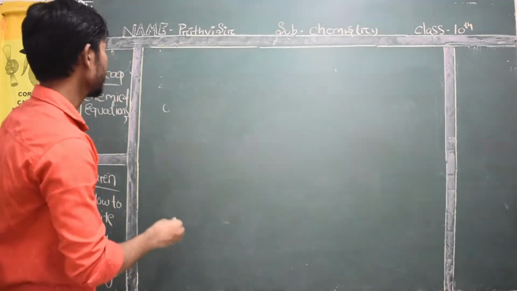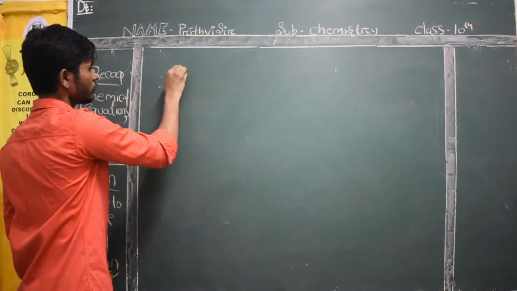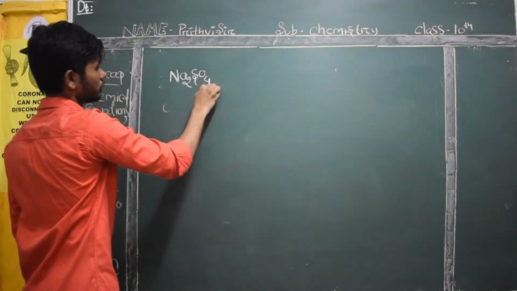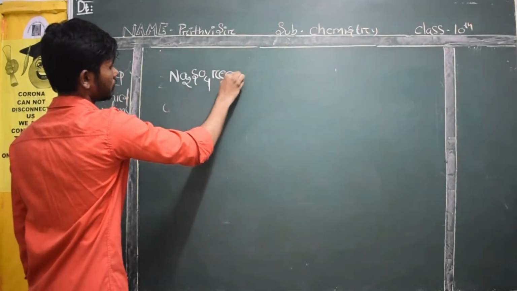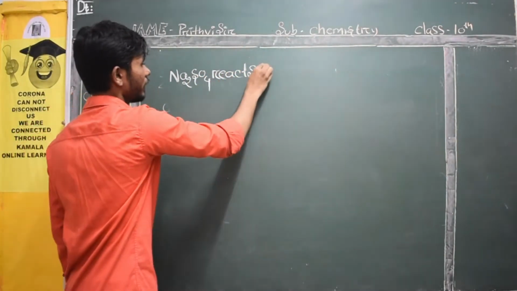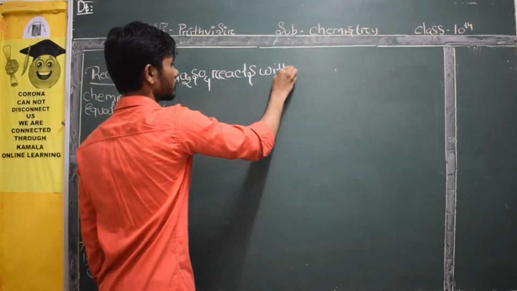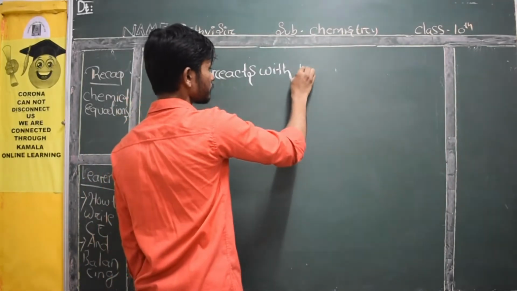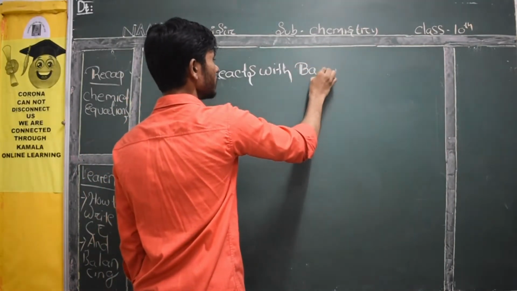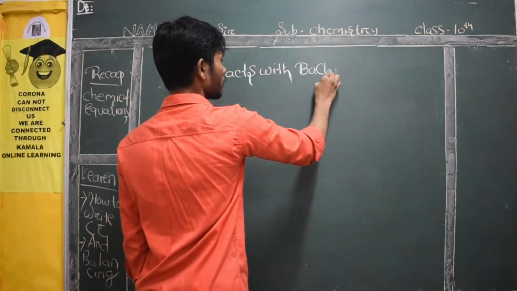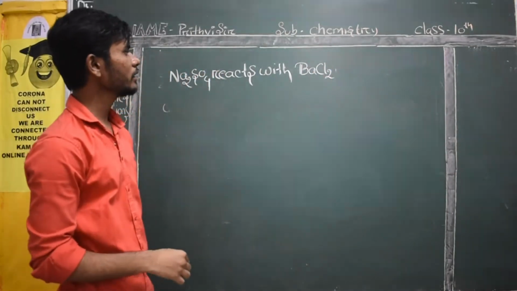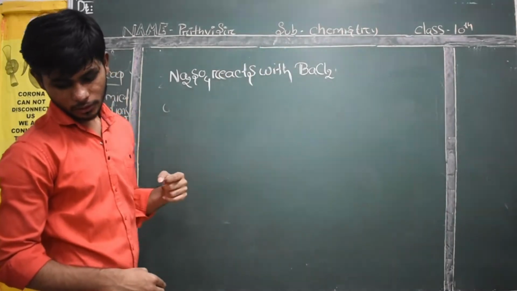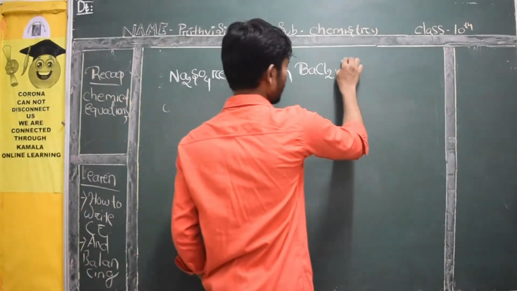What exactly reacts with barium chloride? The formula is BaCl2. Sodium sulfate reacts with barium chloride to give white precipitate.